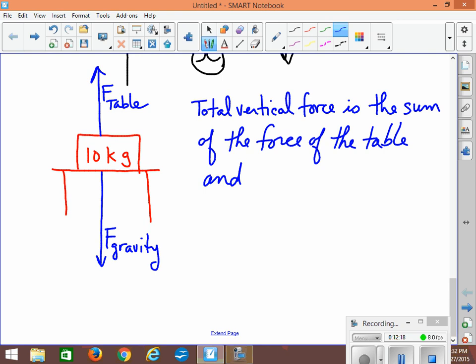You have to add those two together to figure out what the total vertical force would be. Now that's a big sentence. It's a lot of words.